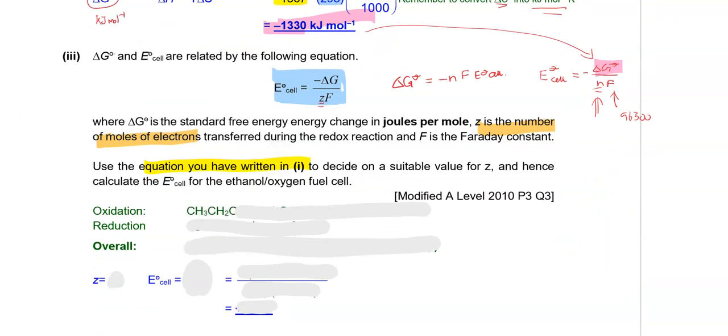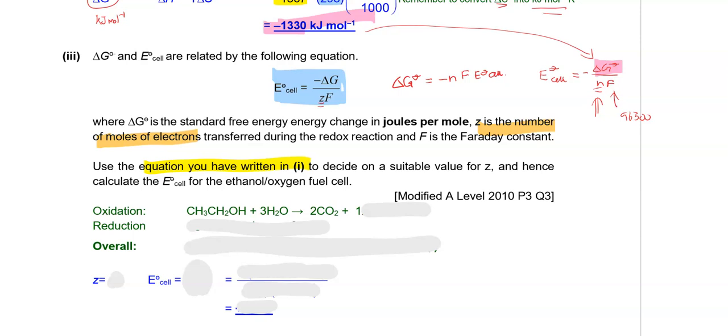So in this case, ethanol is oxidized to CO2. So you can balance the equation. Alright, so 2 carbons, 2 CO2. Now once we are done with balancing the carbon, we can go on to balance the oxygen. Since I have 4 oxygen here and only 1 oxygen here, I need to add 3 water molecules to balance the oxygen.